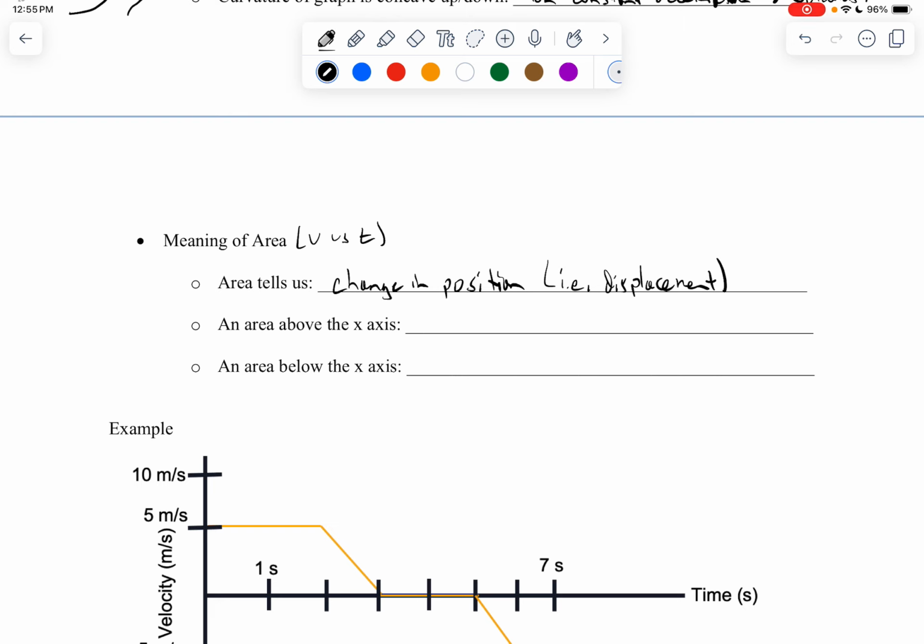That basically just means that we're moving in the positive direction. And if we have an area that's below the x-axis, it just means that our object has moved in a negative direction. And again, we're looking at these areas, we're always looking over some sort of time interval.